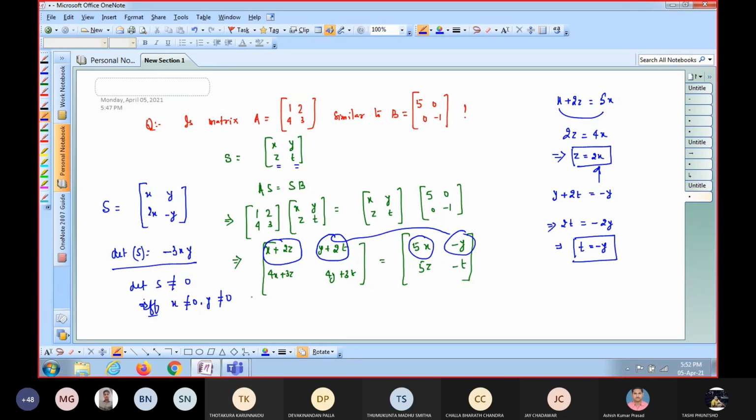So now you can see what simple values you can take. I take x equal to 1, y equal to 1, the simplest values. So S is 1, 1, 2, minus 1. And you look, this determinant is not equal to 0. Therefore, A is similar to B. All right.